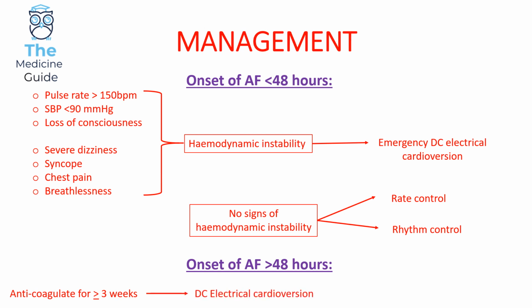Then we perform DC electrical cardioversion, and then we anticoagulate the patients for at least 4 weeks. Previously I alluded to rate control and rhythm control, and I'll focus on that now.